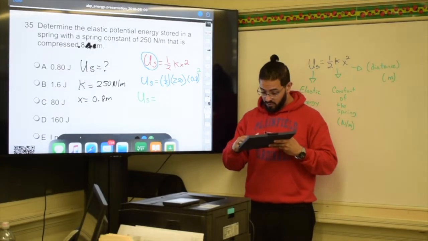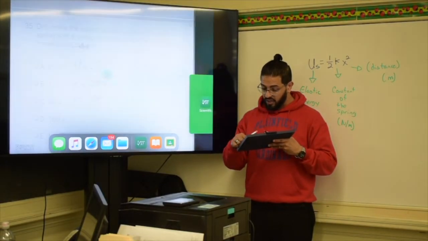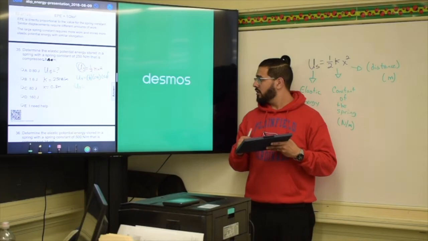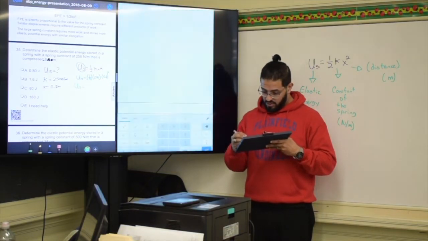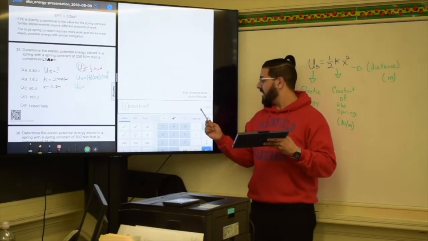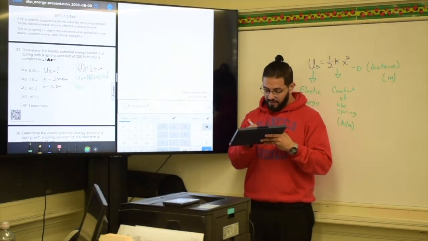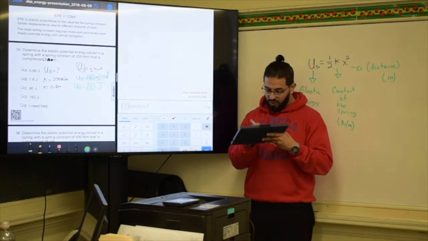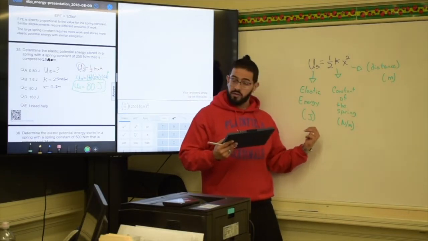We need to calculate in the calculator: half, 250, and 0.8 squared, and the answer is going to be equal to 8. And remember, the unit is going to be joules.